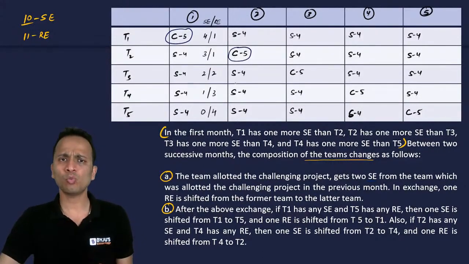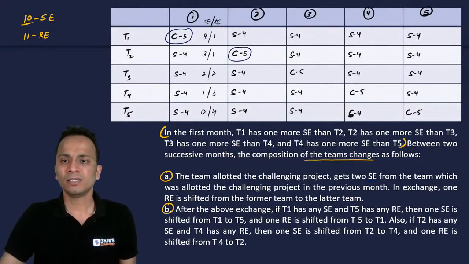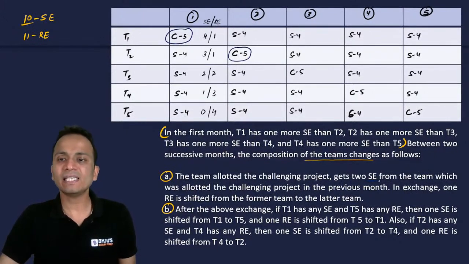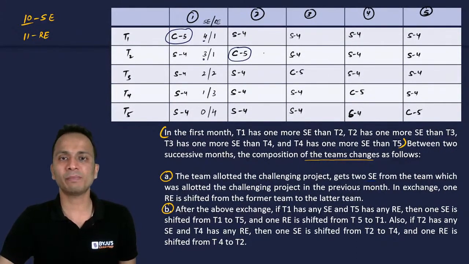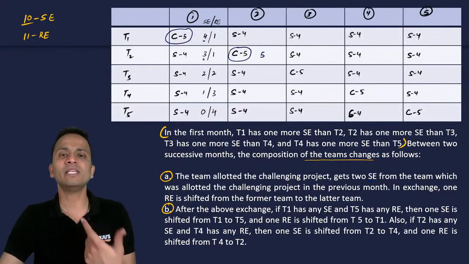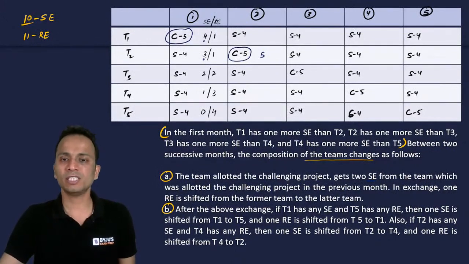Okay, so what will happen is 2 SE from the team will be transferred to the new team. So अभी SE कितने थे? 4 SE थे और इसके पास 3 थे. So 4 में से इसको 2 मिल जाएंगे तो इसके पास SE कितने हो जाएंगे? 5. It will have 5 SE. So whatever the number of SEs were there, it will increase by 2 for this team.